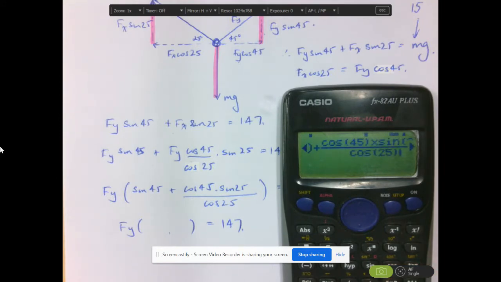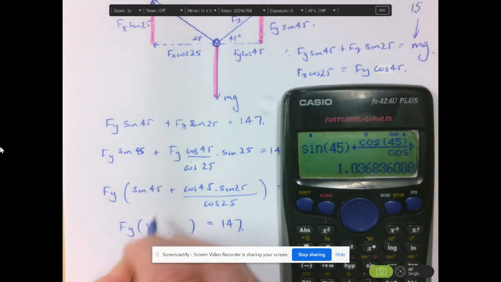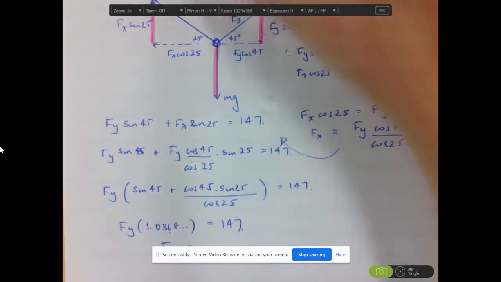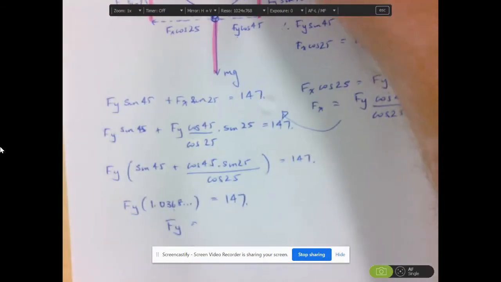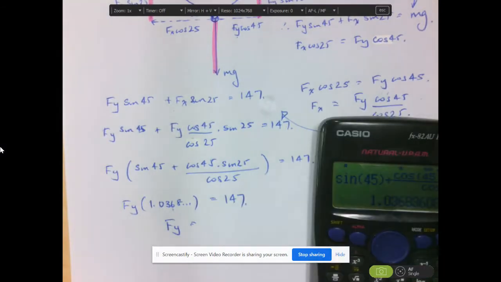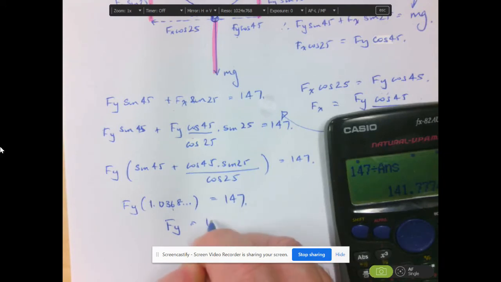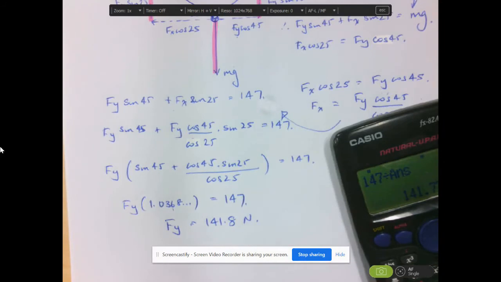Okay. That is 1.0368. Okay, giving us Fy equaling 147 divided by that value, which is 141.8 newtons, rounding there at the end.